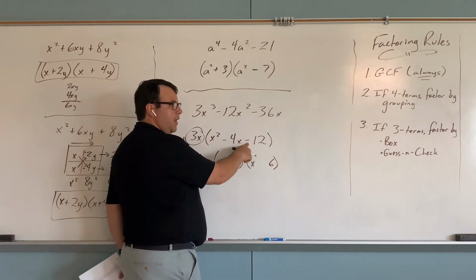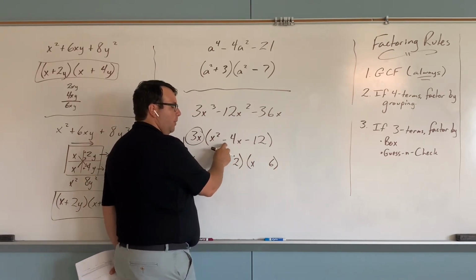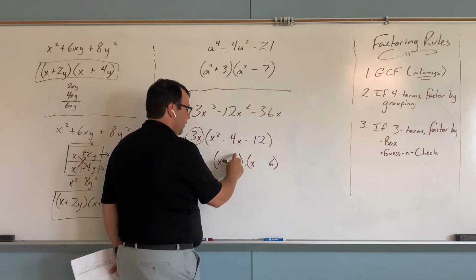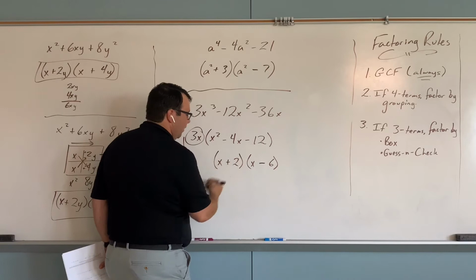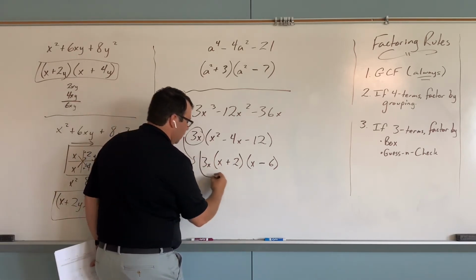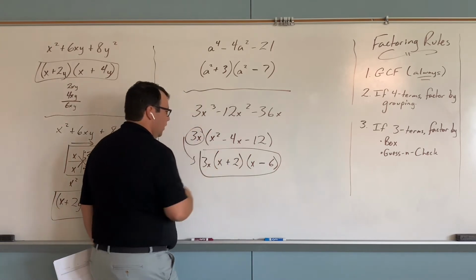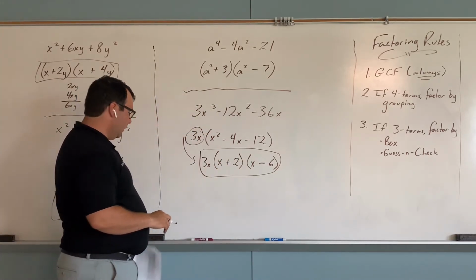My signs will be opposite, I know this, and the greater term will be negative. So that's 6x, that's 2x. This one will be negative. This one will be positive. I still have my 3x. And I am factored. Excellent.